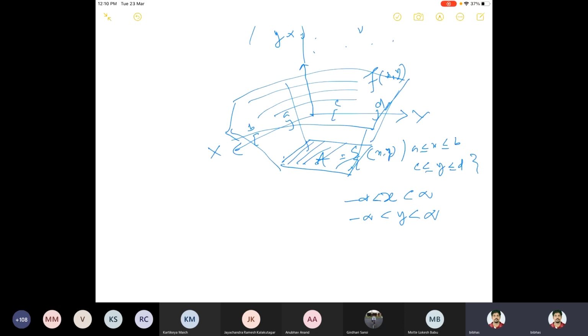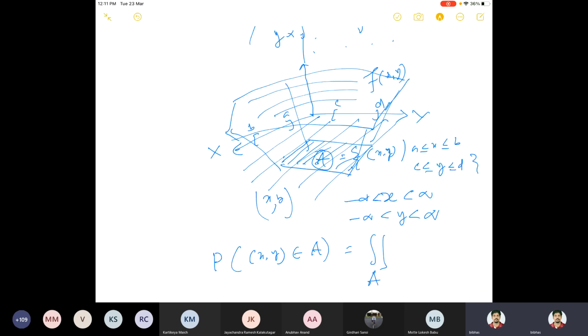In that case, this is the entire xy plane, that's the domain, and maybe for different points x comma y, this value could be 0. So the surface is only non-zero for some particular subdomain, let's say A. And then maybe we are interested to know the probability that (X, Y) belongs to some A. Then we said this is an integration.